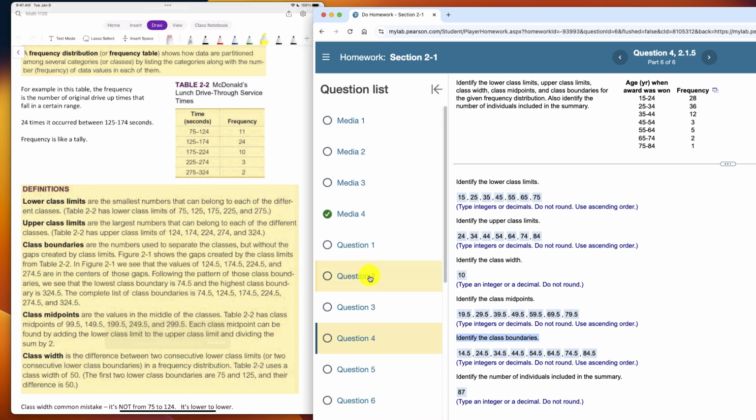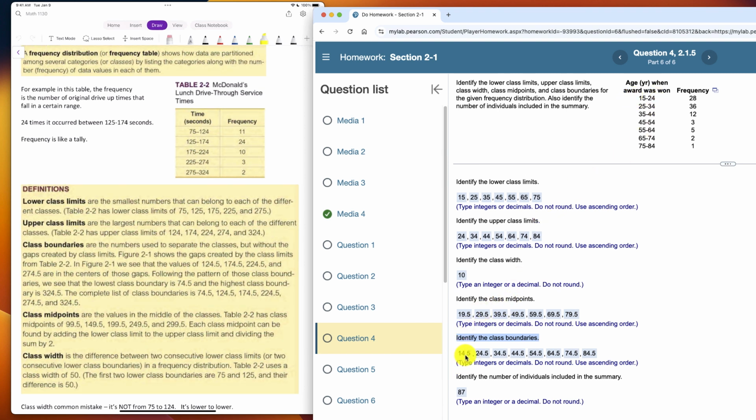So the boundaries are the numbers used to separate the classes, but without the gaps created. So you see there's a gap between 24 and 25 of 1. So take that width of 1, divide it by 2, and you get 1/2. You add that on to this upper class, and you subtract it from the lower class. So the class boundaries for this first class would be 14.5 to 24.5.